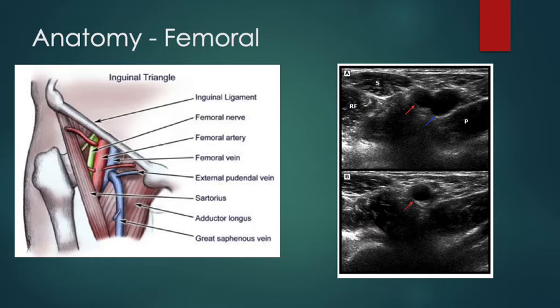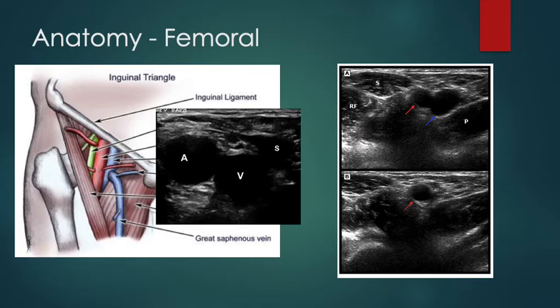Here is quite a wide window of the femoral triangle, which I quite like in terms of identifying the surrounding structures. So you've got sartorius and rectus femoris laterally and pectineus medially, as well as your vein, artery, and with the eye of faith, your femoral nerve.